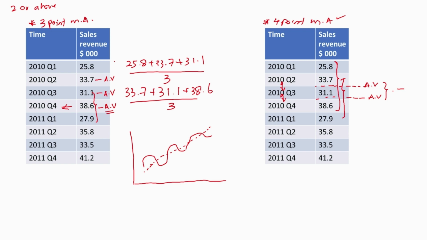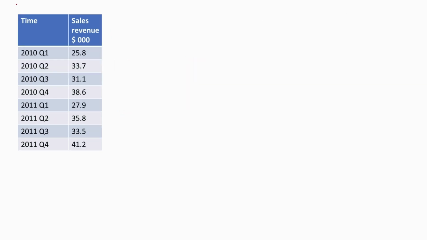So this value will align with quarter 3. Likewise, the next average value will align with quarter 4, so that we can draw the trend line reliably for each time period. Let's do this example in detail. Here I am going to do this example by using the 4-point moving average method.